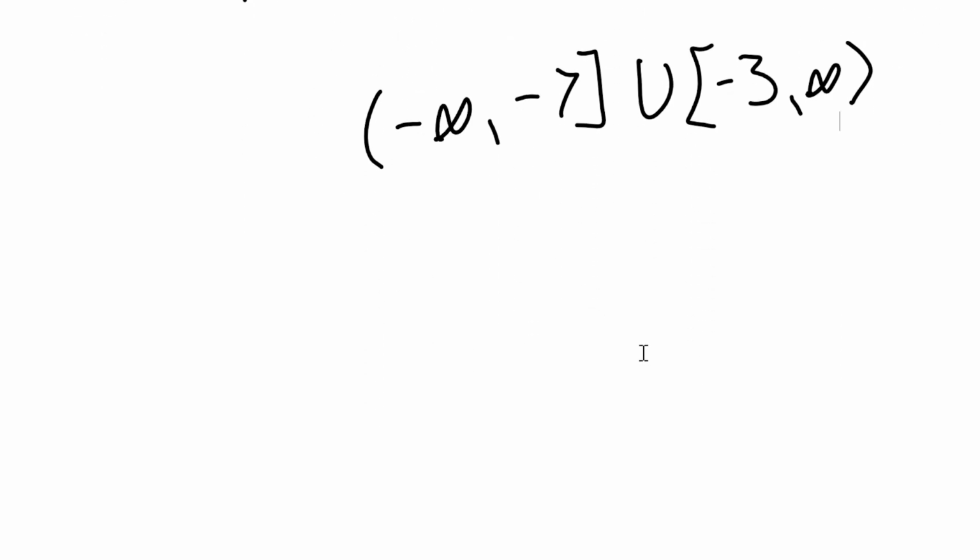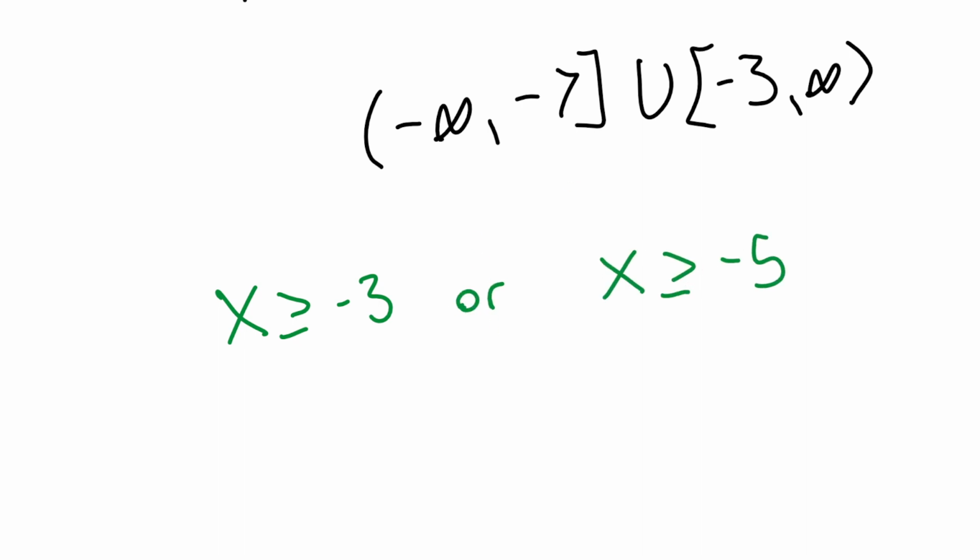What I meant by the last thing is if we have something like x is greater than or equal to -3, or x is greater than or equal to -5. In this case, the first statement is contained in the second statement.